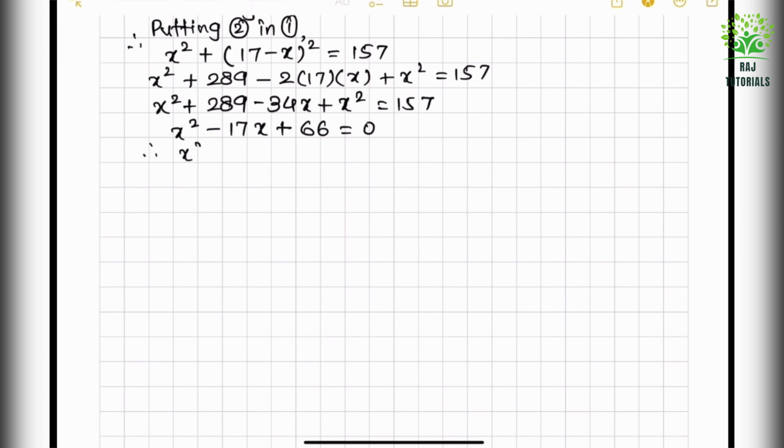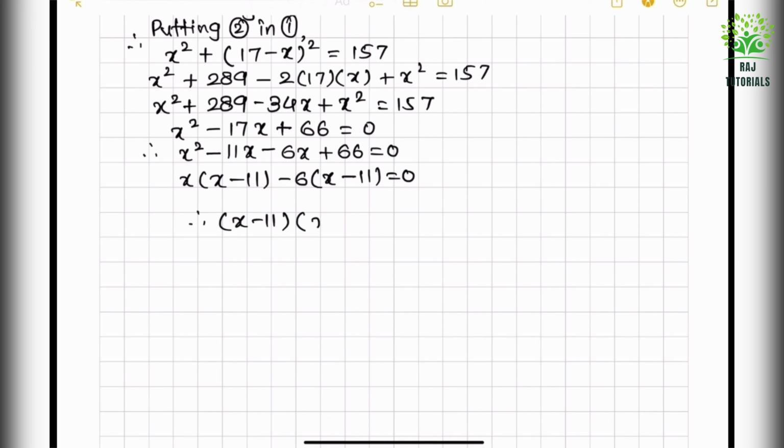Doing the splitting of the middle term, I will get x square minus 11x minus 6x plus 66 equal to 0. Taking x common from the first two, x minus 11, and minus 6 common from the next two, x minus 11 equal to 0.